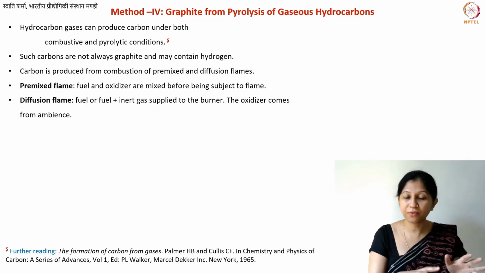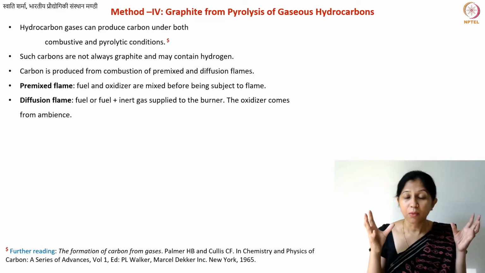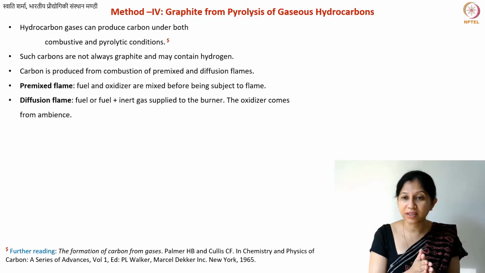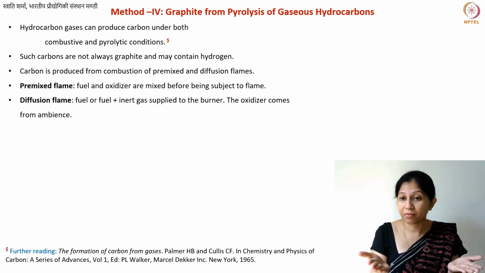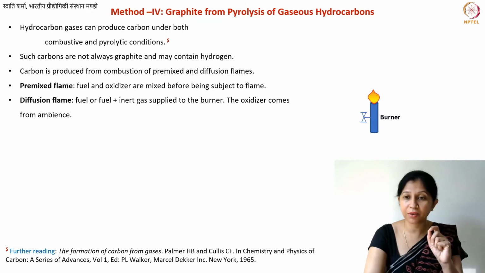Okay, and what is a diffusion flame? Diffusion flame is where you have fuel, or whatever fuel plus inert gas, and there is no oxidizer. That is the whole point. The oxidizer is not supplied from outside, but it may come from the ambience. Okay, so these are the two types of flames.